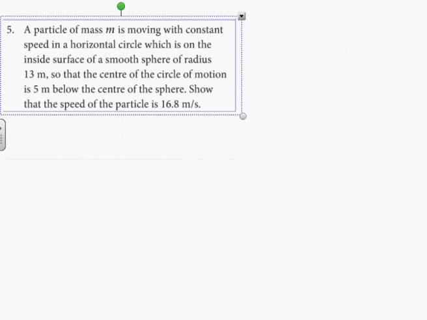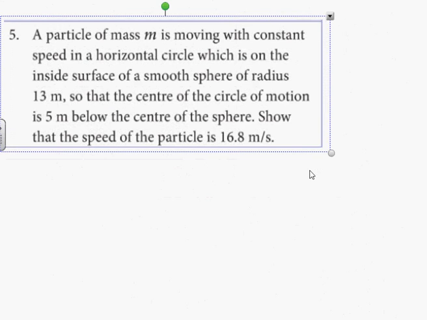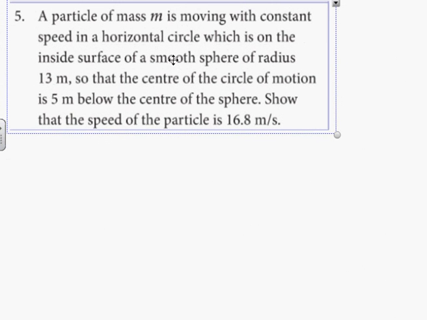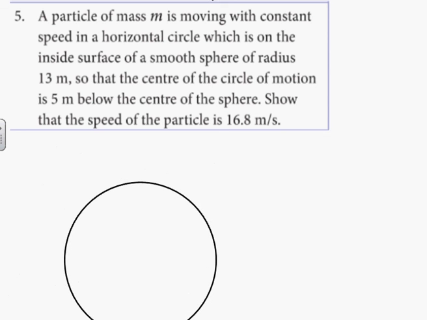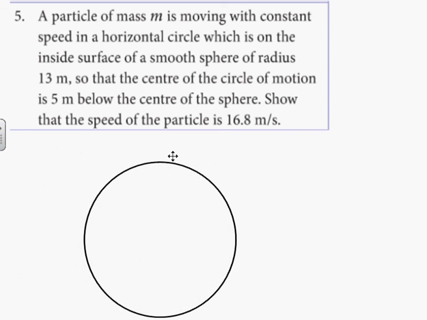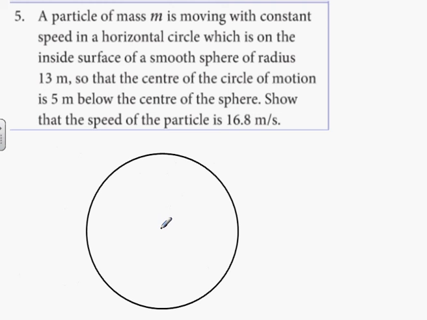A particle of mass m is moving with constant speed in a horizontal circle which is on the inside surface of a smooth sphere of radius 13 meters. A 13 meter sphere. Yes, that's interesting, right? So a massive sphere here. Not that massive, but big enough. We draw the center of the circle. Realistically, when you're moving around this circle, you're going to be in the bottom part.